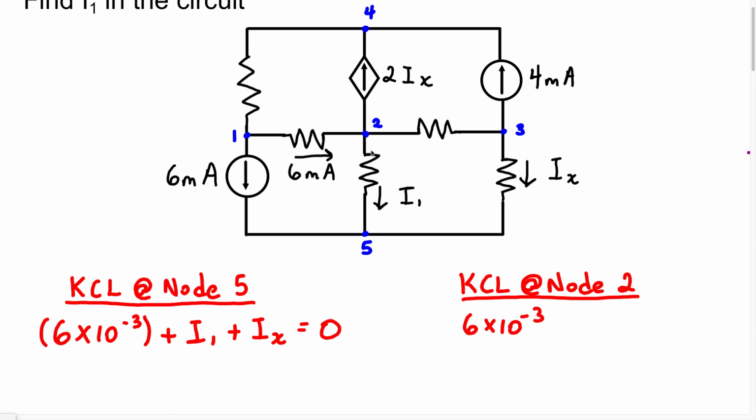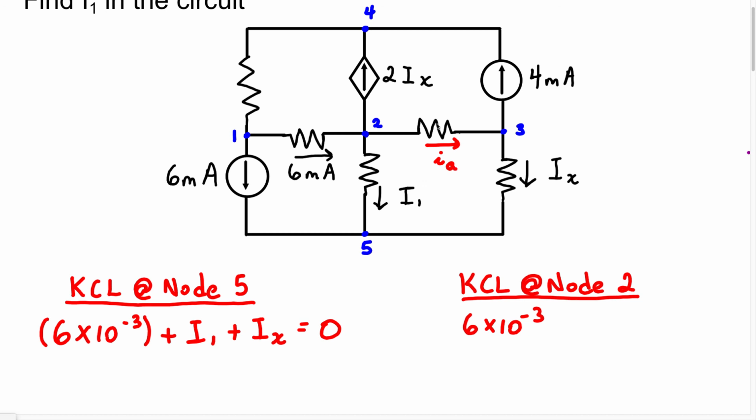Now we know this current is going this way, so it's leaving the node. This current is also leaving the node. But then we have a current here, and they don't label anything here. So now we have to assume the direction of the current. I'm just going to assume the direction of the current to go this way, and I'm going to label this current IA.